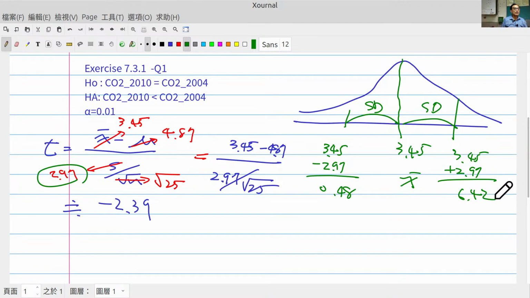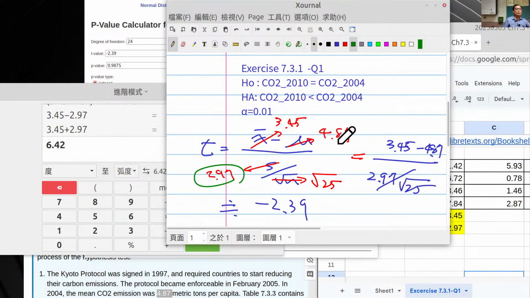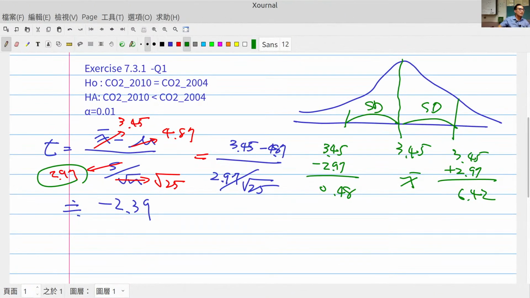Okay, and now what do you think about this one? Because the average is 4.87. The value here is 6.42, here is 0.48.